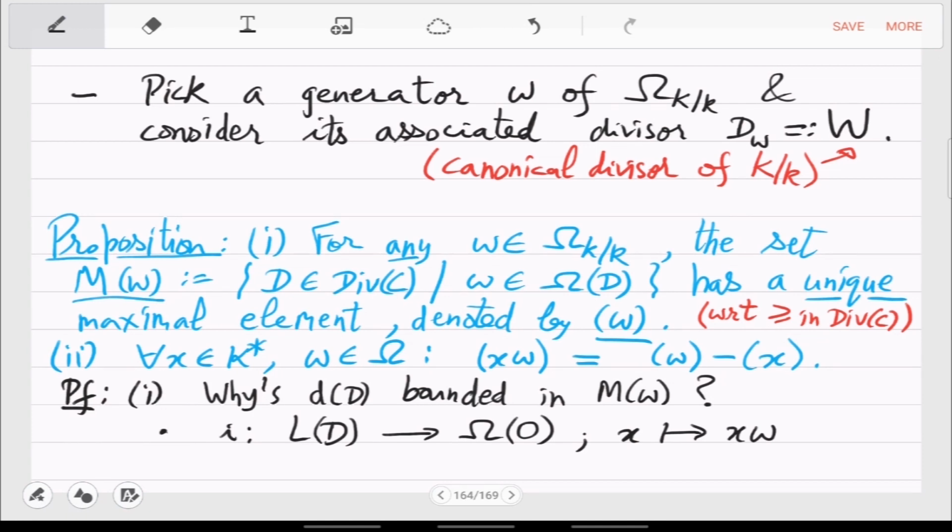Of course, the hypothesis is that small omega is in big omega D, which is just saying that small omega vanishes on A(D) plus K. So if small omega vanishes on A(D) plus K, what does x omega vanish on? It vanishes on omega 0. Just check that.